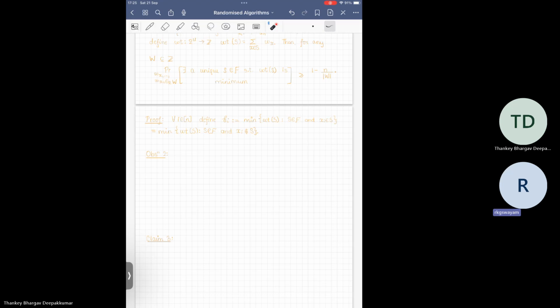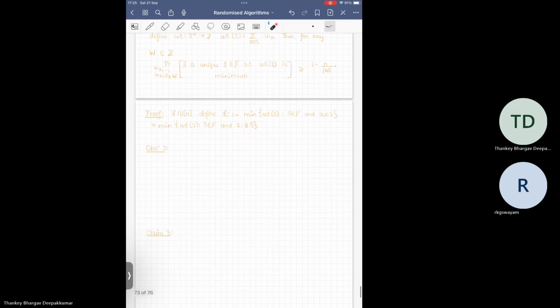Is it like this? Okay, so Ei is an event, and this event happens when this condition happens. And what is this condition saying? This condition is saying that the minimum weight among all S not containing xi is the same as the minimum weight of all S's containing xi. This is when Ei happens.